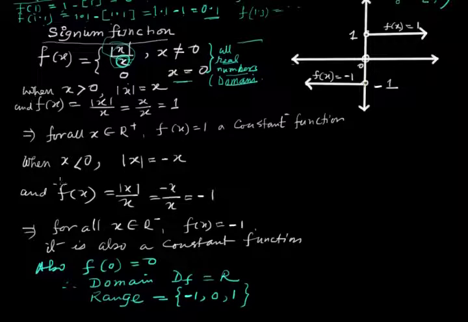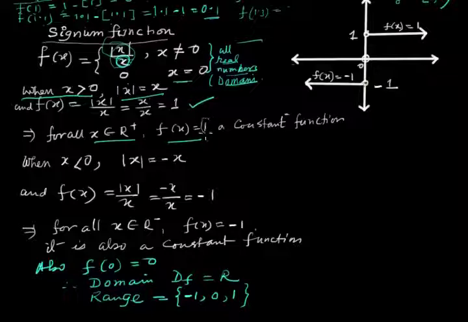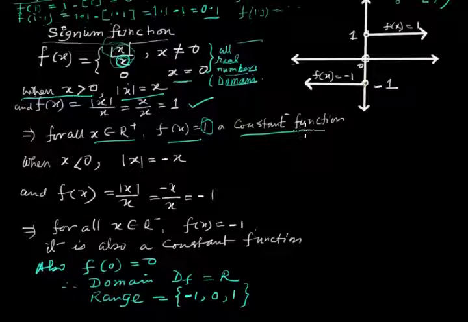Now we divide it into three parts. First, when x is positive, |x| equals x and f(x) equals |x|/x, that is x/x, which equals 1. So when x is positive, that is for all positive reals, f(x) is equal to 1. And 1 is a constant number, and this type of function is called a constant function.